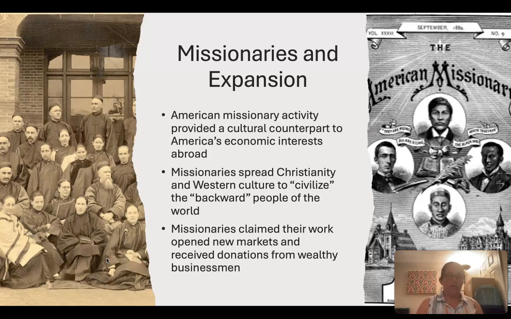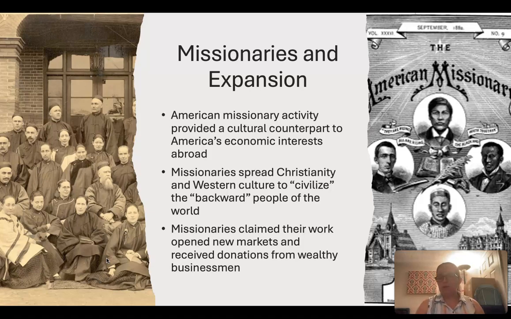In these examples, you can see a group of missionaries. This is taken in 1891, and they are dressed in traditional Chinese clothing, which I think is a very interesting photo that they chose to take here. And this brochure on the right is from the American Missionary Association, dated 1880.